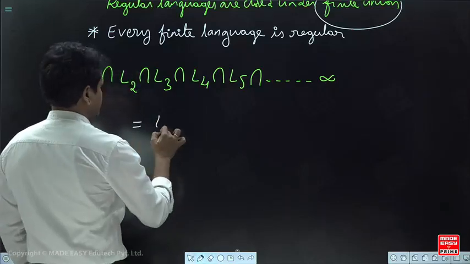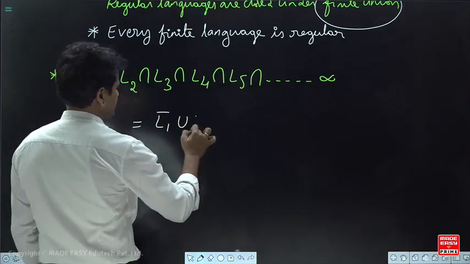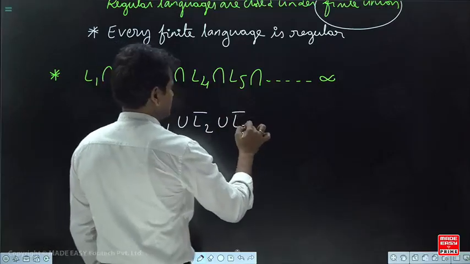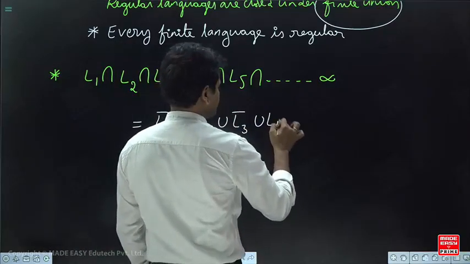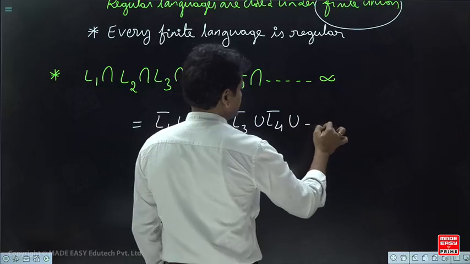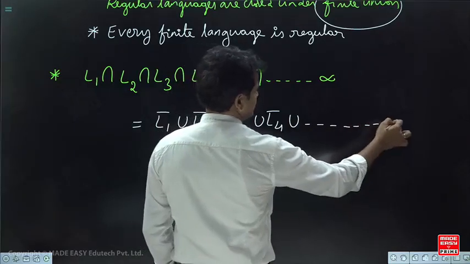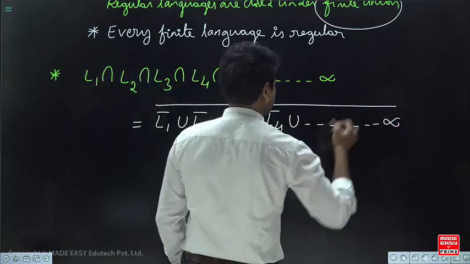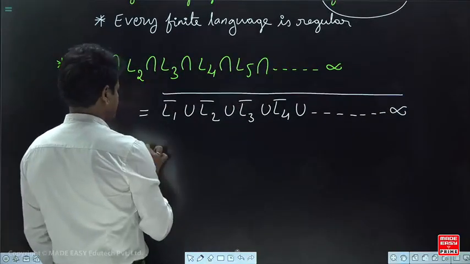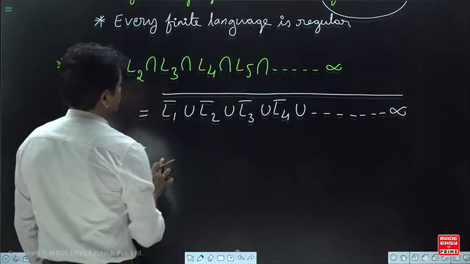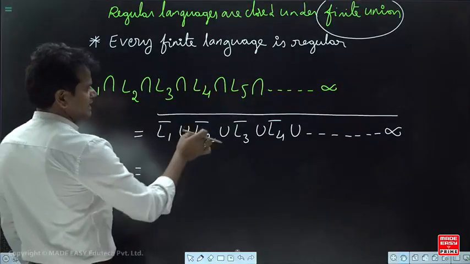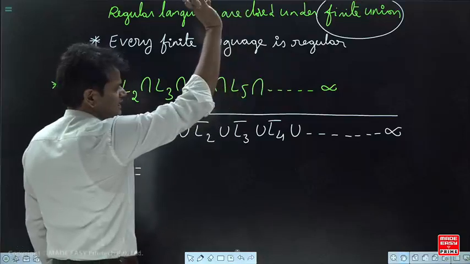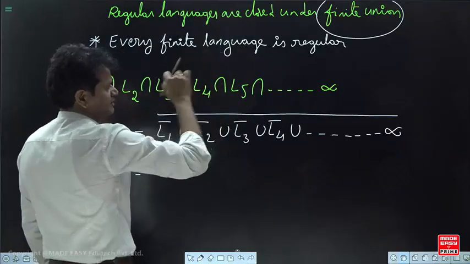L1 bar union L2 bar union L3 bar union L4 bar union L5 bar union, infinite, whole bar. Now, guys, look at this. L1 is regular, L2 regular, L3 regular, so on, infinite languages are there. All of them are regular.